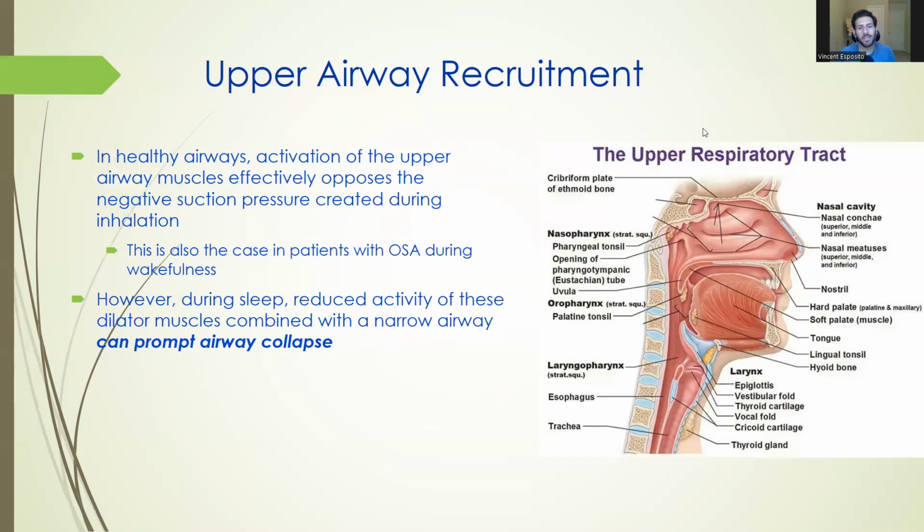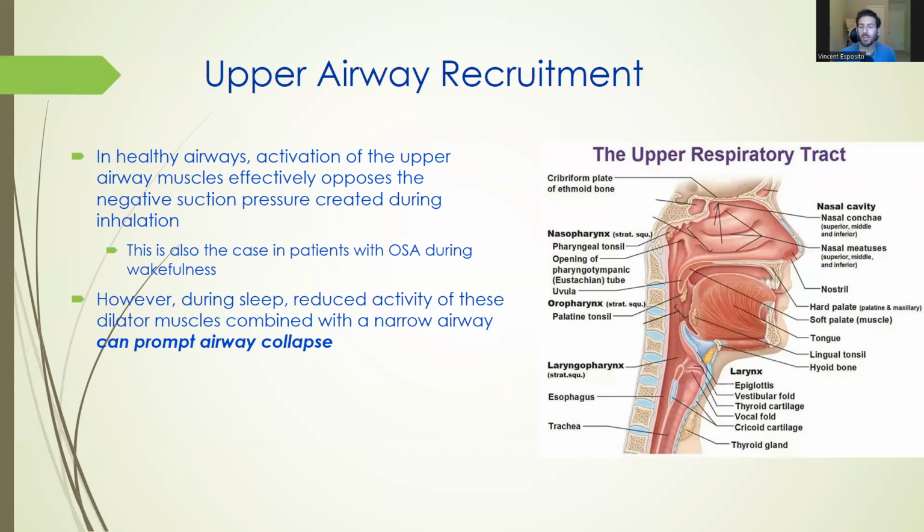So in healthy airways, the activation of the upper airway muscles opposes the negative suction pressure during inhalation. This is also the case in patients with sleep apnea during wakefulness. So in other words, even if you have sleep apnea, when you are conscious, when you are awake, the muscles are getting enough of a neurological stimulation to stay open during wakefulness.